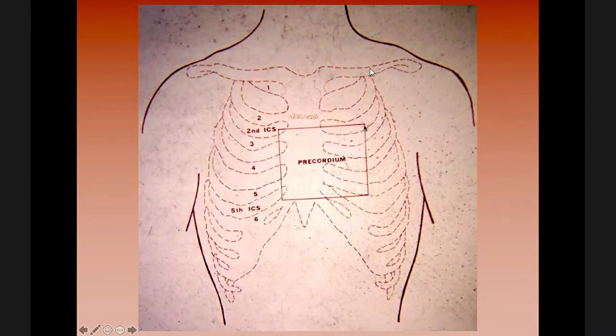Right sternal border, on the left side, the mid-clavicular line. And then inferior from the fifth ICS. So below the fifth rib or the fifth ICS. Okay? That's the boundary of your precordium.